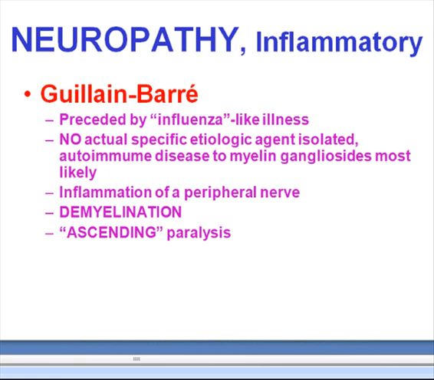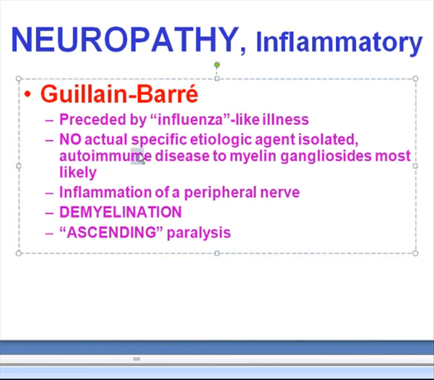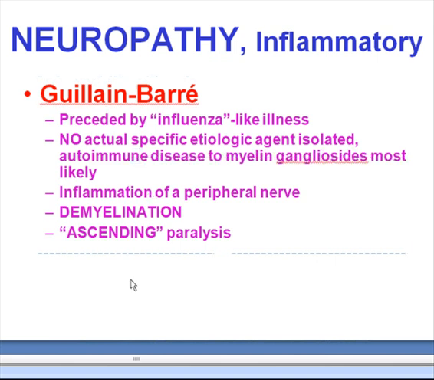And remember, one of the things we said is that whenever anything damages a nerve, whether it's an axe or a gunshot or a knife or a virus or bacteria or an antibody against your own myelin, which is the most probable process going on in Guillain-Barré, it's going to result in demyelinization. So if you can remember Guillain-Barré as an inflammatory neuropathy that is probably autoimmune because we can identify antibodies against the patient's own myelin gangliosides, then that's how you think of the neuropathy.